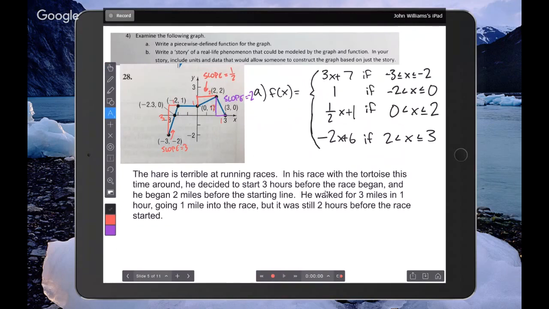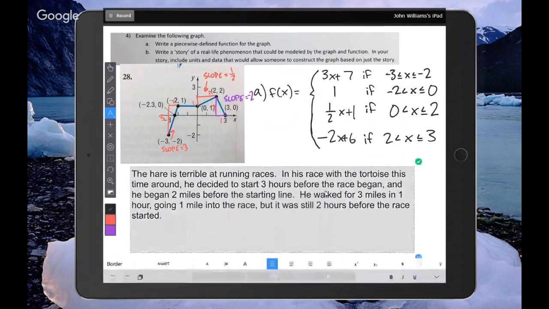Anyway, my story. It was still 2 hours before the race started. Stopped and waited for the race to begin. He then waited, let's see, 2 hours.